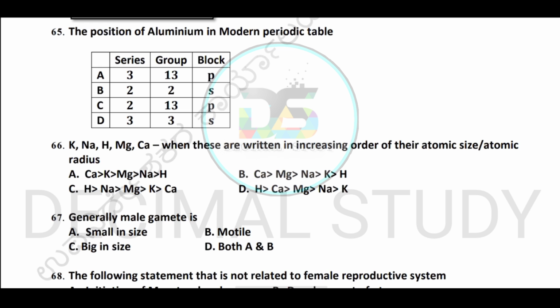The right answer is option A, Ca is greater than K, K is greater than Mg, Mg is greater than Na, Na is greater than H.